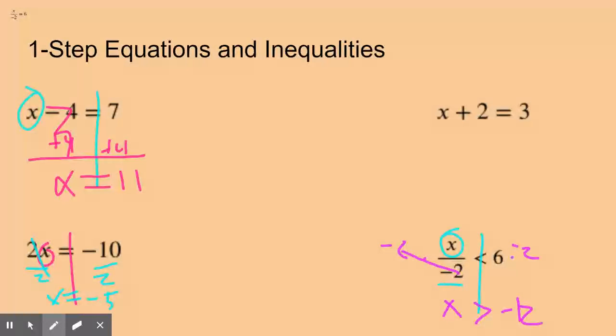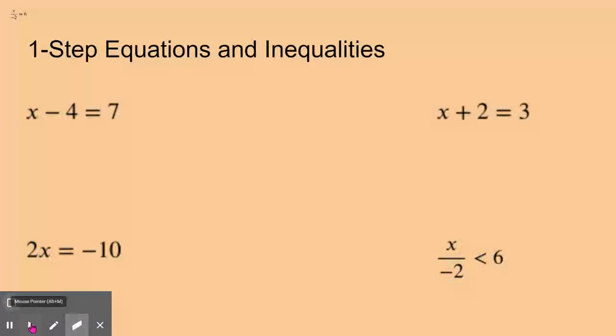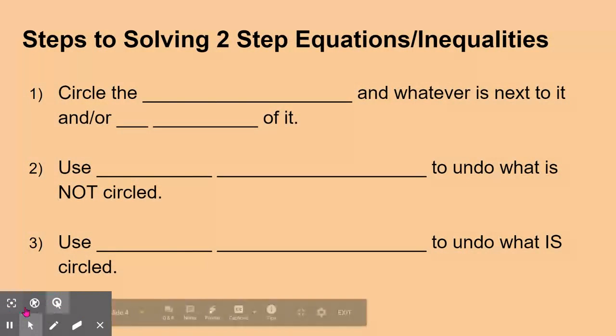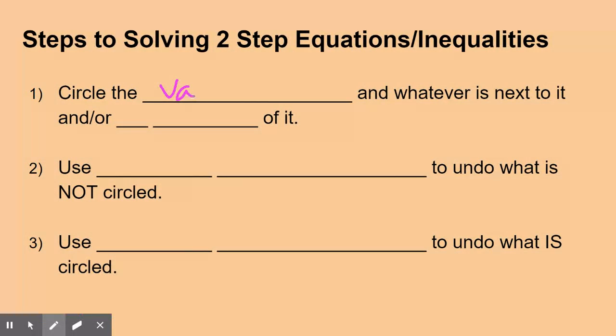Now let's talk about the steps in solving two-step equations and inequalities. Our first step is going to be the same. We want to circle the variable and whatever is next to it or in front of it. We'll talk about what that means shortly.